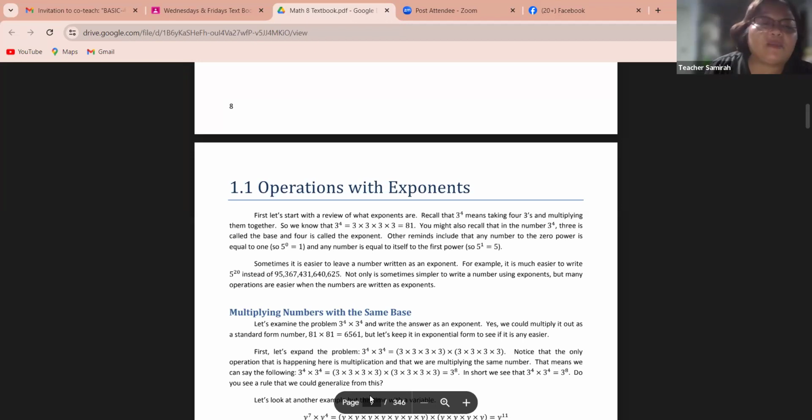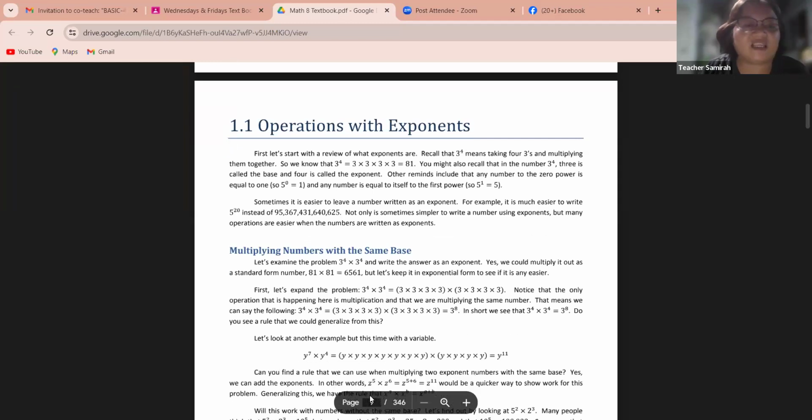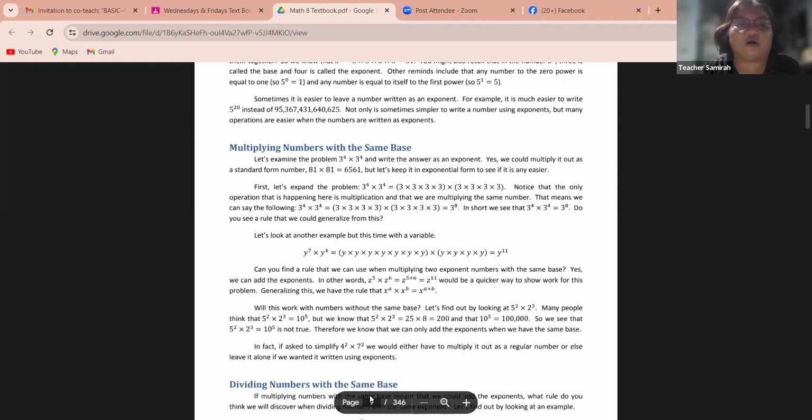So we will simply use the exponent in order for us to be able to write it much easier than to write the whole product. So that is the importance of exponent.